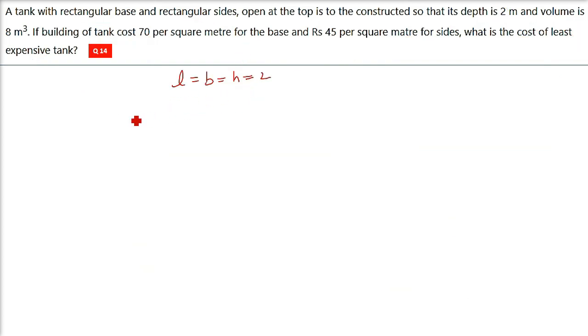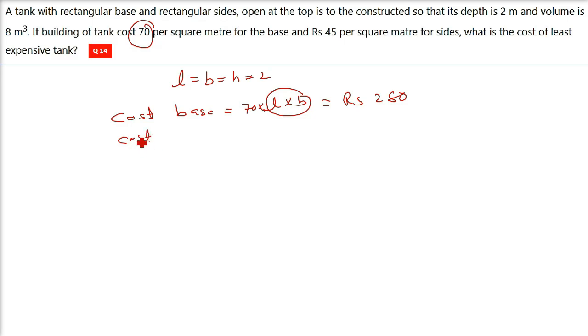When you have all these as 2, cost is going to be what? Just multiply the area with the cost. So length into breadth is the area of the base, and what will be the cost? Because 70 per square meter. 1 square meter is 70. So L into B square meter will be 70 into L into B. This is going to be 70 into 2 into 2. That is going to be 280.